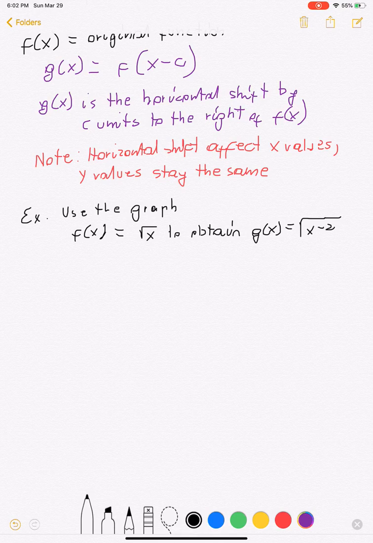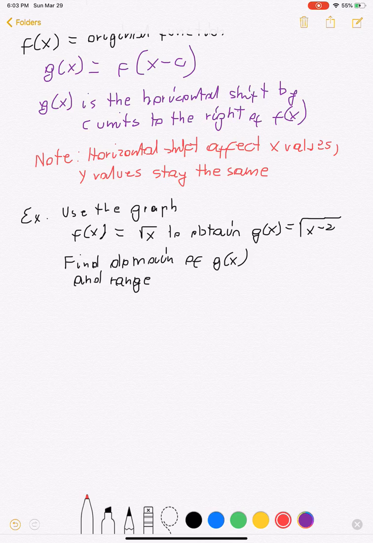And of course, we will find the domain of g of x. So find domain and range. We're going to do both, domain and range, of g of x, which is our horizontal translation.